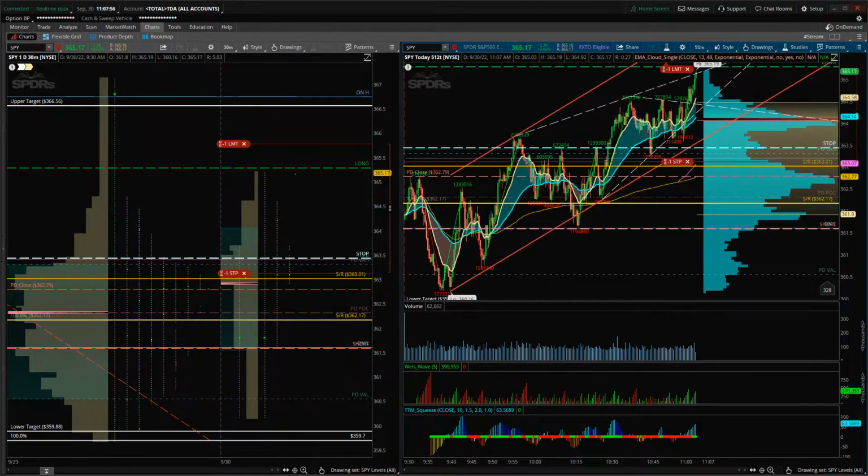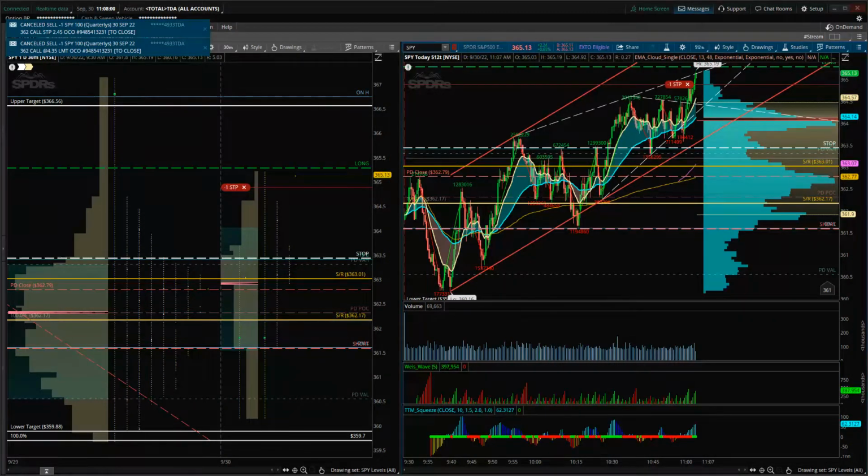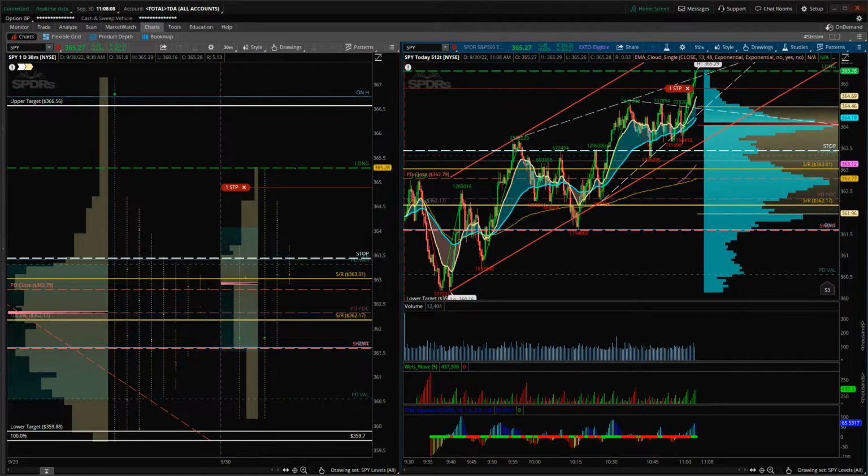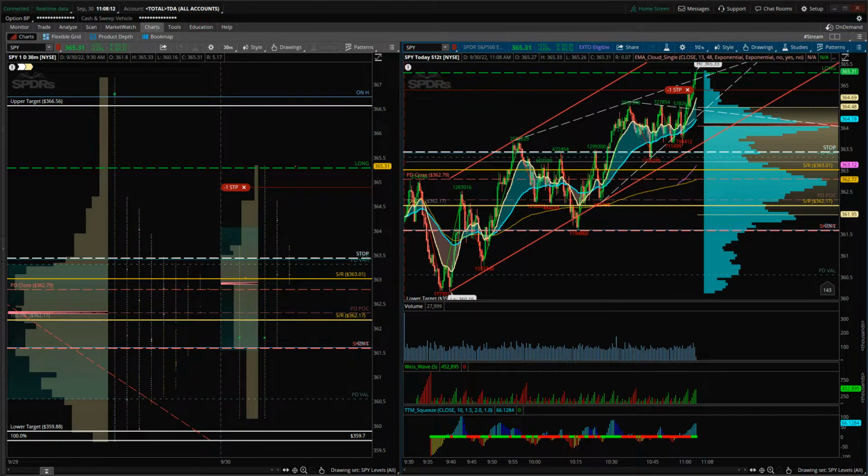All right, now that we have moved up, we're going to go ahead and move our stop up to that level. Ideally, I really want this to keep moving. I want to get our goal for today. We're so close, about 30 cents away from it.